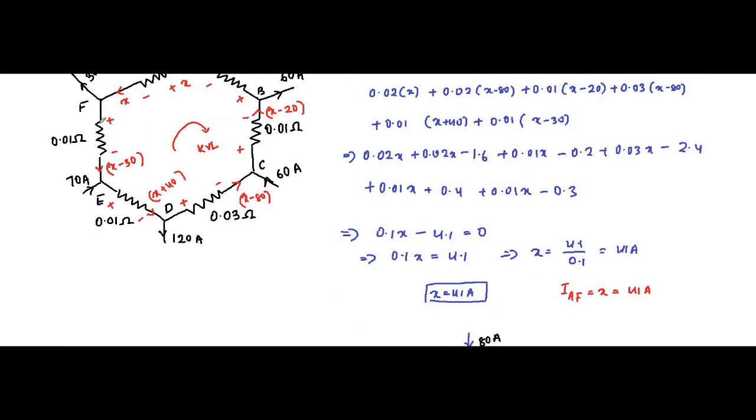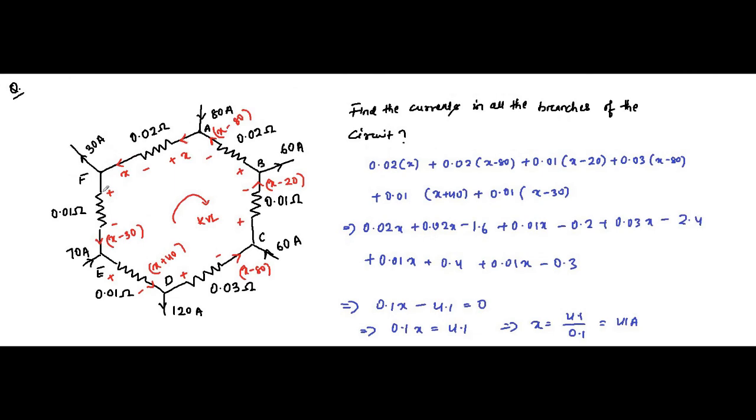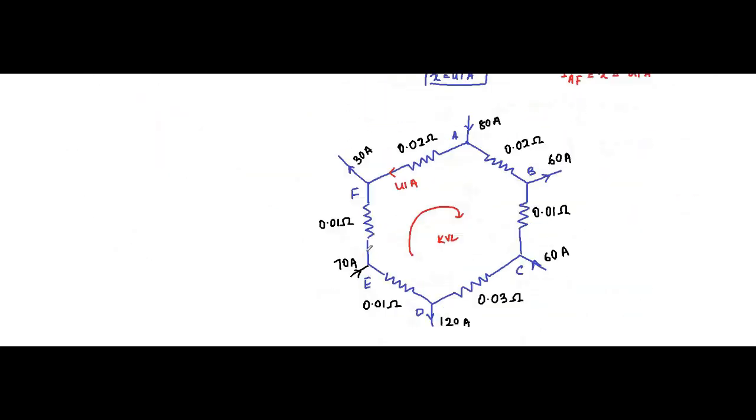Now the current flowing through the FE branch is X minus 30, so IFE is equal to X minus 30, which is 41 minus 30, which will be 11 ampere.